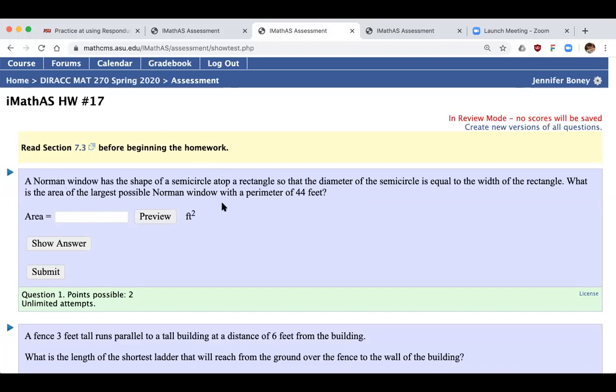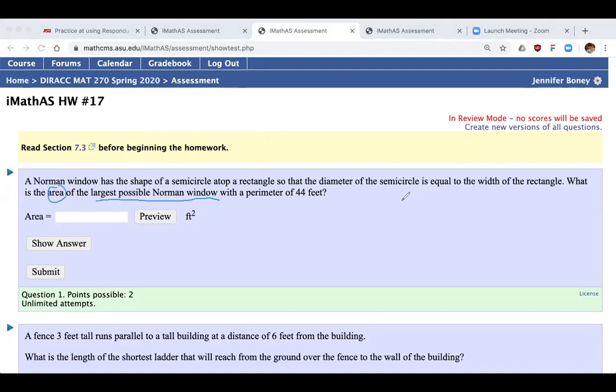So I'm not going to go all the way through this, but just about all the part before we get to the algebra. So again, when you're looking at these, this is asking you to find the largest possible window in terms of its area.